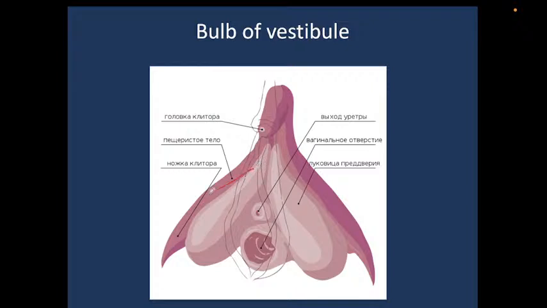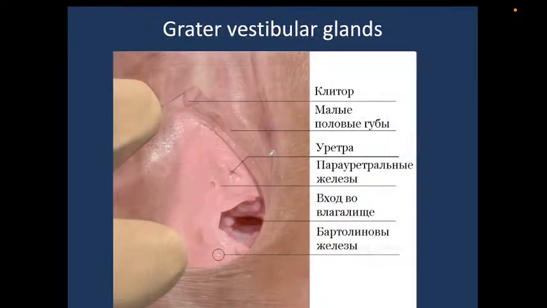It is located as two bulbs, and here you see the greater vestibular glands, and the openings of these glands are just on the internal surface of the labia minora.